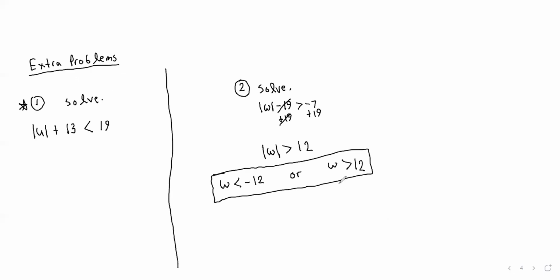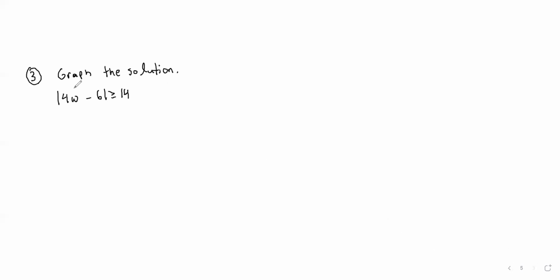So applying the exact same rule we did for number 2, we said the inside is less than or equal to the minus of 14 and greater than or equal to the positive. So we have 4w minus 6 is less than or equal to minus 14, or 4w minus 6 is greater than or equal to 14.